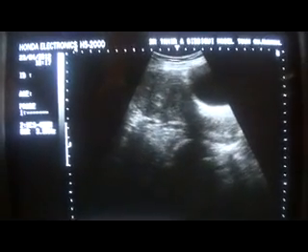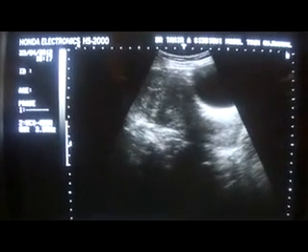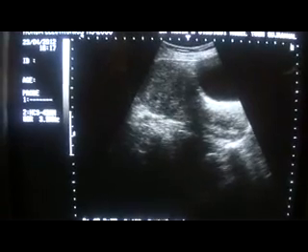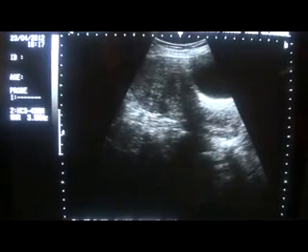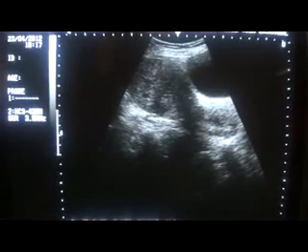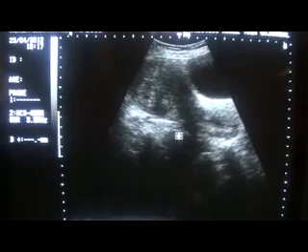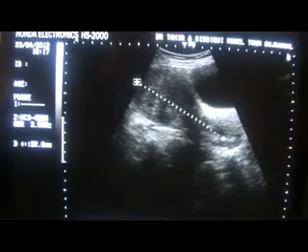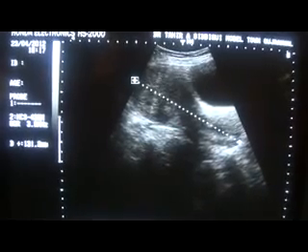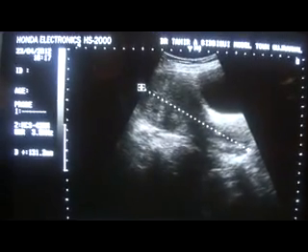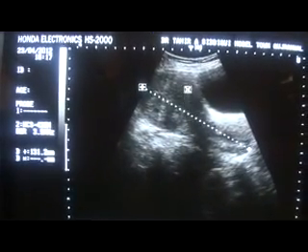The uterus measures 13.1 centimeters in length and 5.4 centimeters in anterior-posterior diameter, and in transverse section it measures 5.8 centimeters and is definitely an enlarged and bulky uterus.